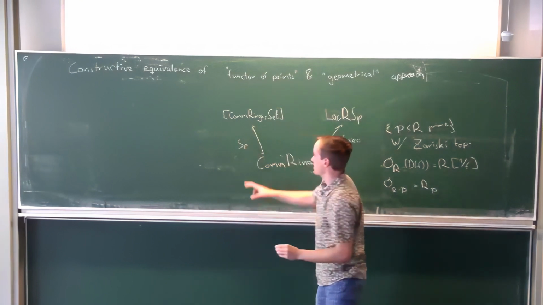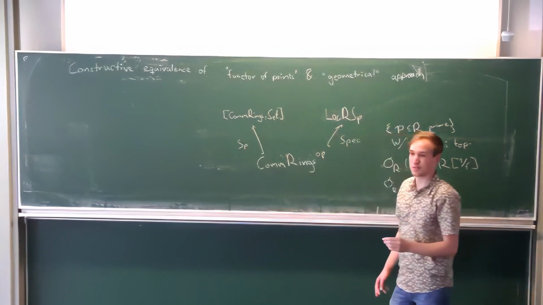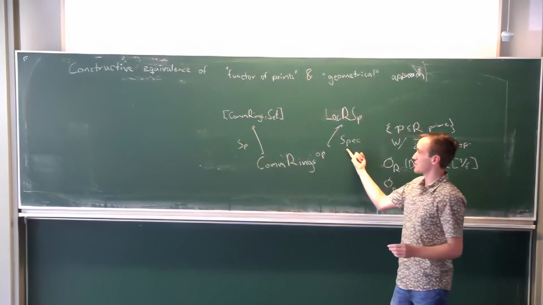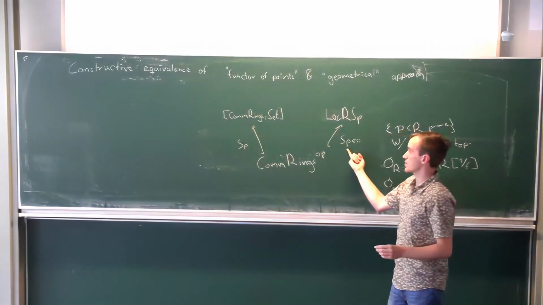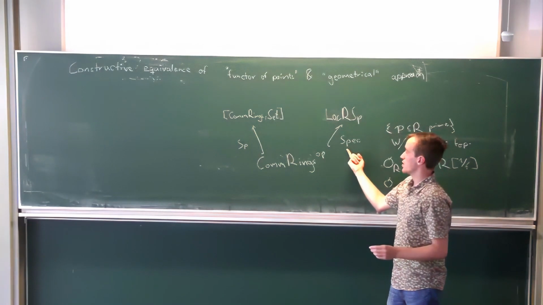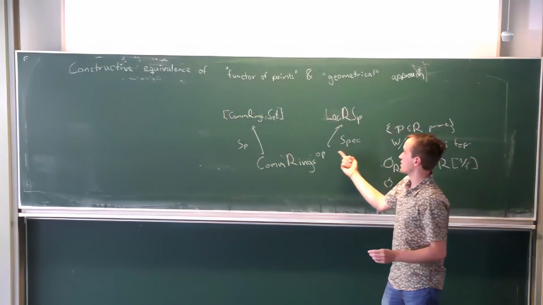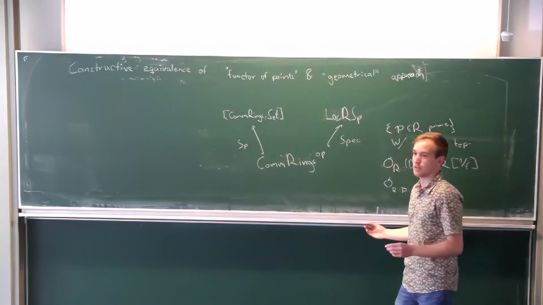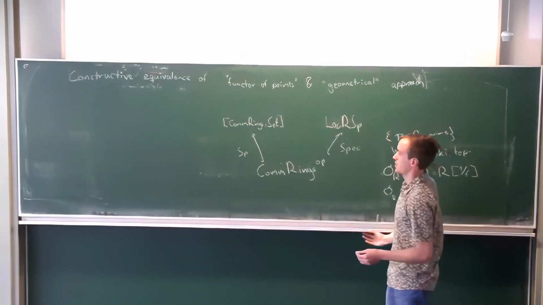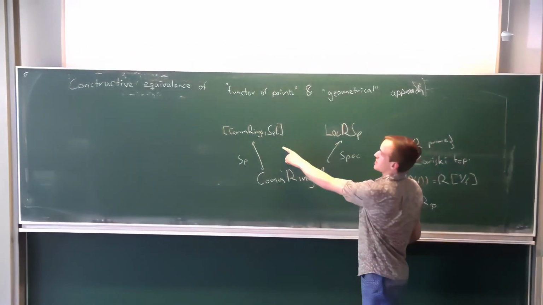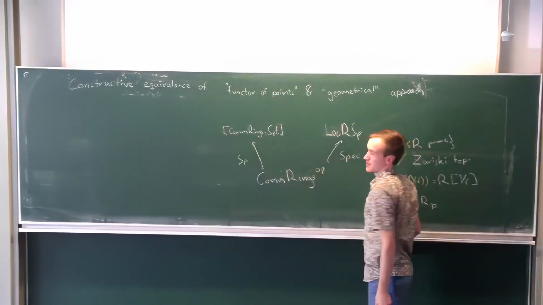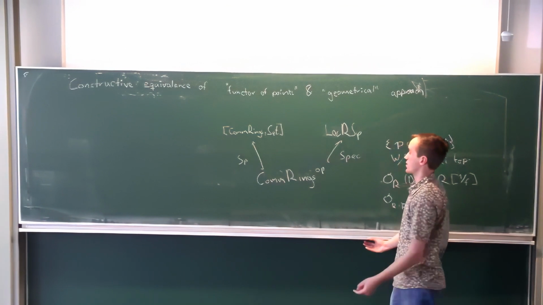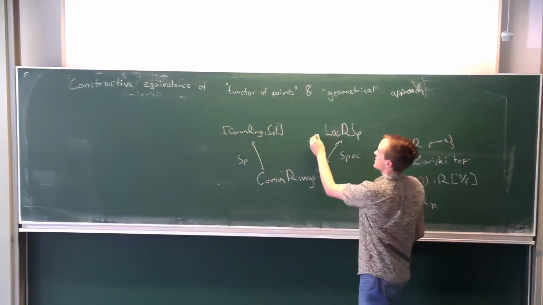I'll use SP in this talk to differentiate from Spec. I guess this is the notation that's used in Demazure-Gabriel, which is like the main reference for developing the theory of schemes on this side of the picture, but they are actually closely connected.